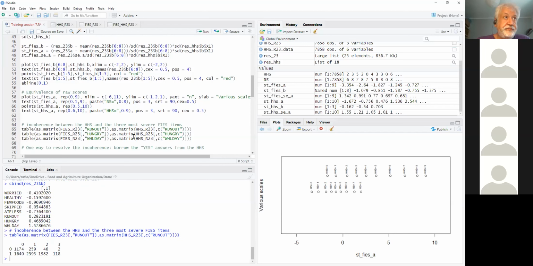And in fact, if we try to see the distribution of responses of, for example, the run-out item in the FIES and the run-out item in the household hunger scale, we see that there is a small number of cases in which people would have said no. This is the run out of food.